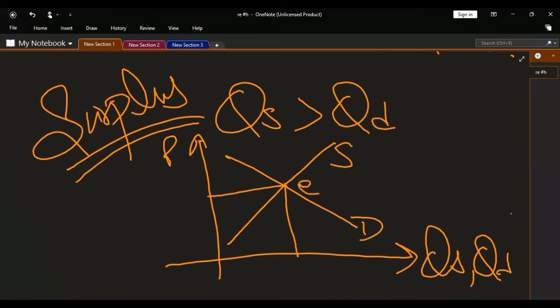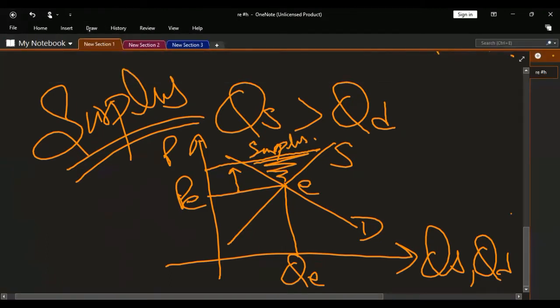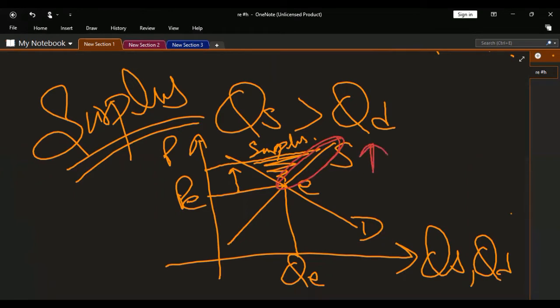This is the equilibrium point. Such price is the equilibrium price and such quantity is the equilibrium quantity. If we move upward from this price, for example to such a price level, it will create a surplus in the market because quantity supplied is increasing and quantity demanded is decreasing.